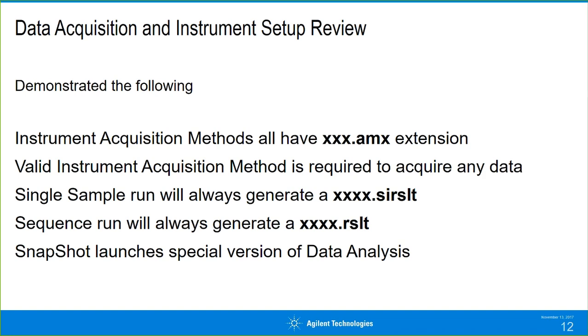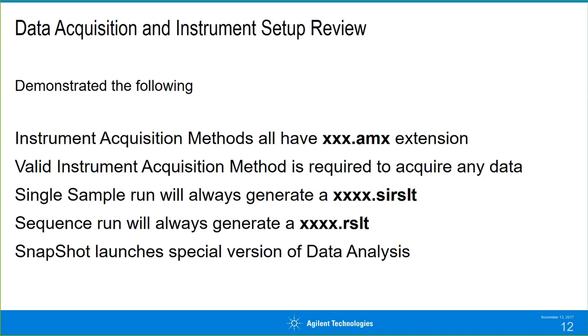So what did we just do? All right, we did an acquisition method. We created one with an LC. We modified one with an LC and GC. All right, we saved that as a new AMX file. All right, then we added that and used that to run a single injection. So we created an SI result file when we ran the single injection. And then we used those also to run a sequence.